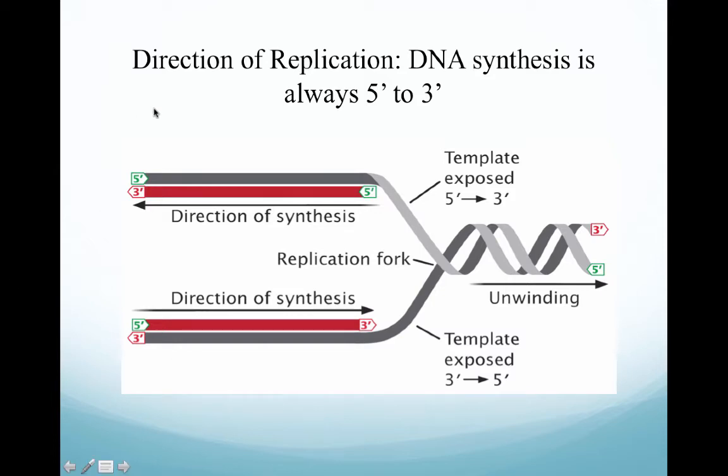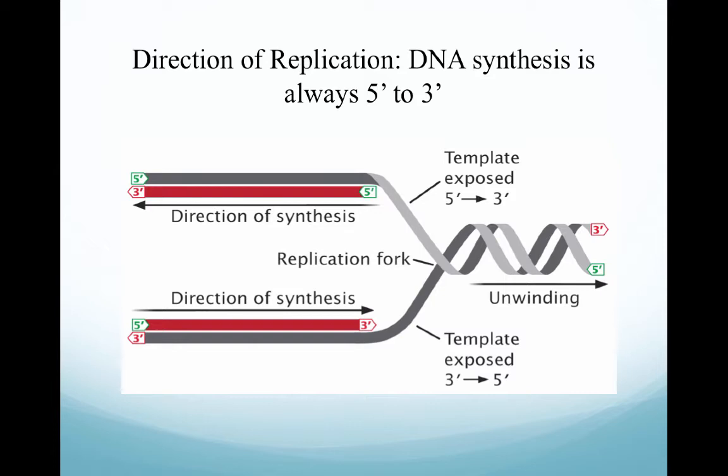In this figure here, we've got our template strands. We have 2 template strands, shown in gray. Our template strand on the top has a 5' at one end and a 3' at the other. The complementary strand has the 5' across from the complementary strand's 3' and ends with a 3' end down here. Those are the gray DNA strands in this figure.